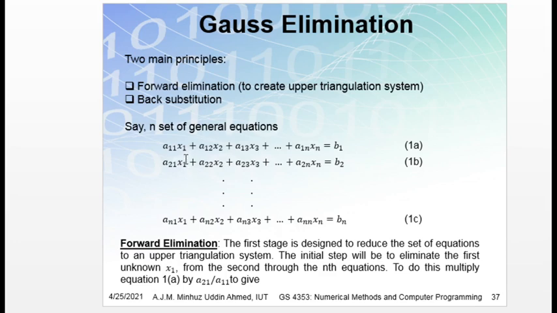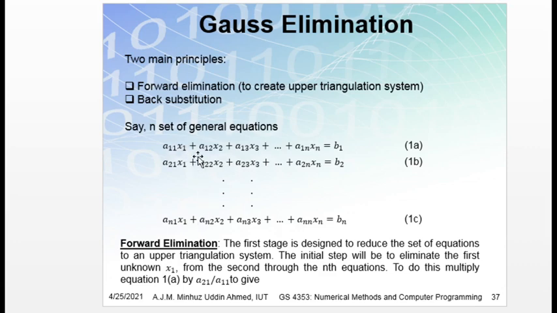So the first step will be cancelling out all the coefficients of x1, and in the next step the same thing will be done with respect to this a22. This a22 will be there, and the new form of a32, the new form of a42, up to the new form of an2, will be cancelled out. Why am I saying new form?